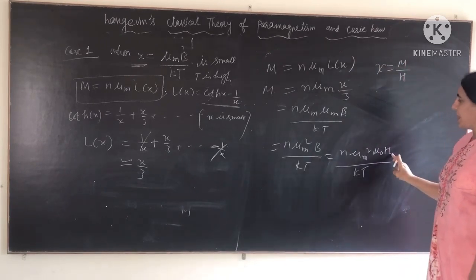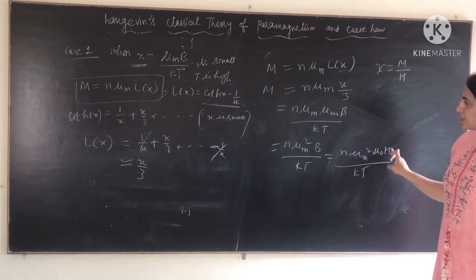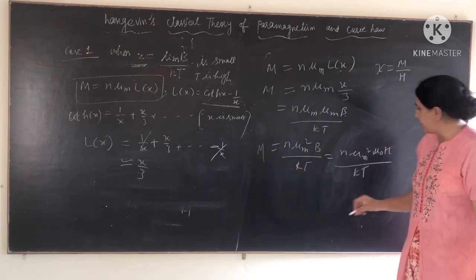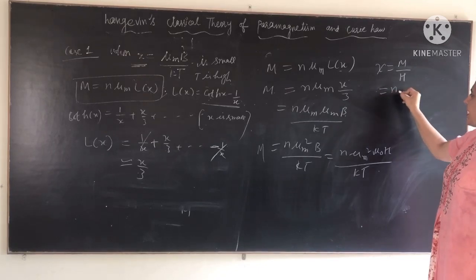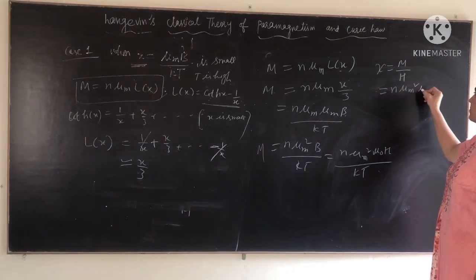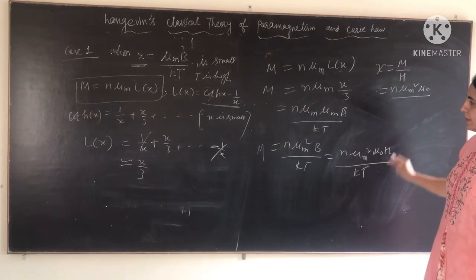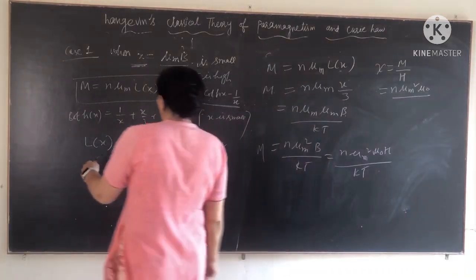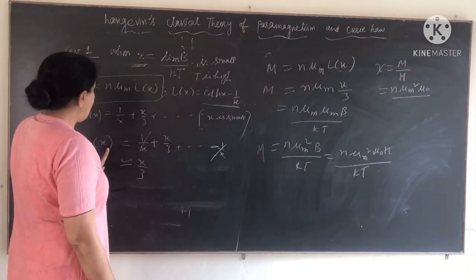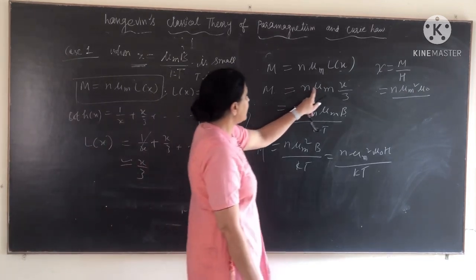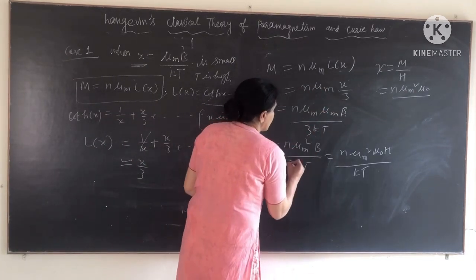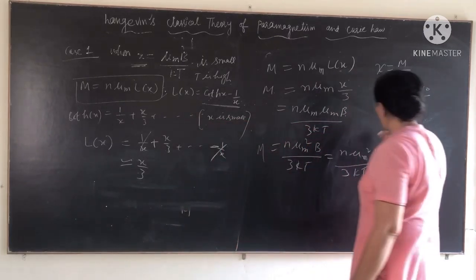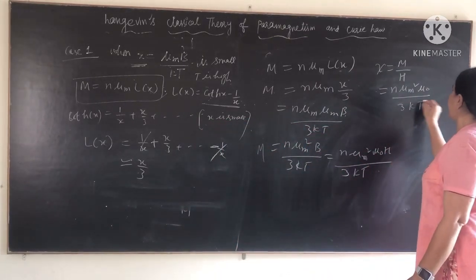When you divide M by H, H cancels with H. What is susceptibility? N mu m square mu naught upon 3kT, because you have to put Lx equal to x by 3. Clear?